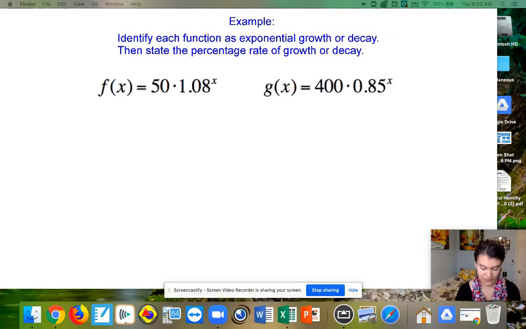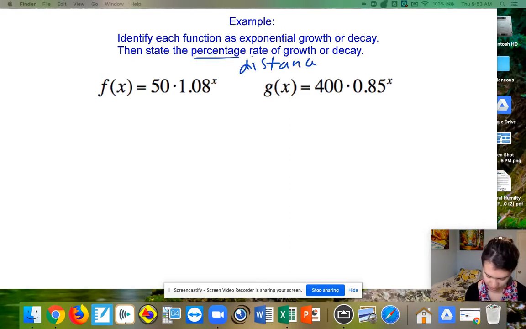So some examples. Here we want to figure out which of these is growth and which of these is decay, and then figure out what's the percentage of growth or decay. So to figure out this percentage, we want the distance from 1, because 1 is like 100%. It stays the same. You're not changing.